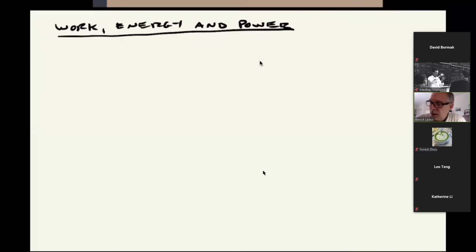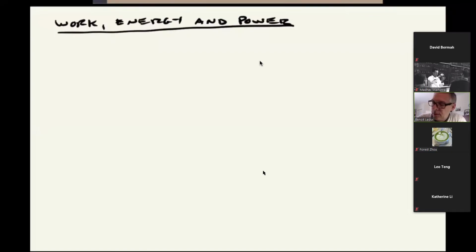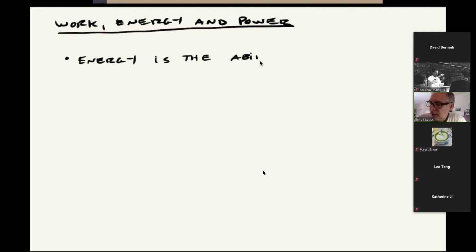All right, so let's start with energy here. If I were to give a rough definition, energy is the ability to do work. Well, this definition doesn't help us very much if we don't know what work is, right?